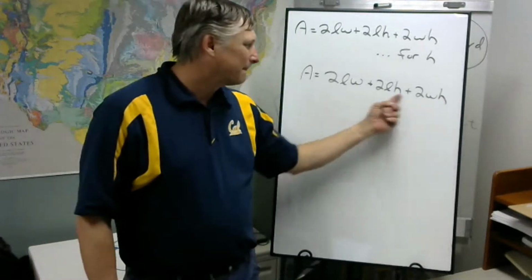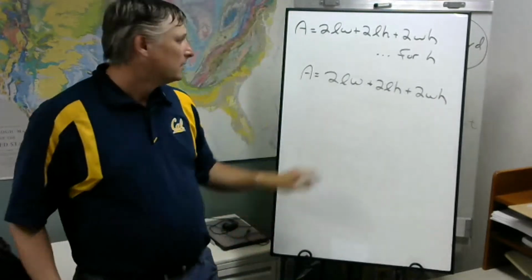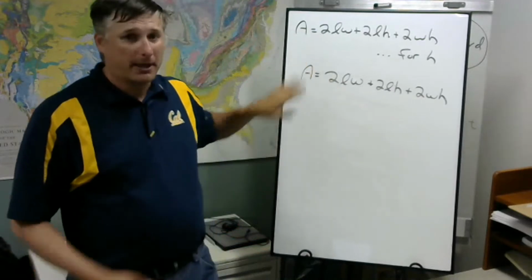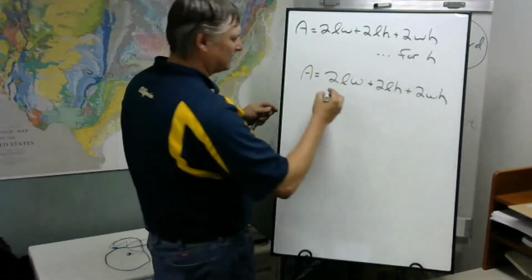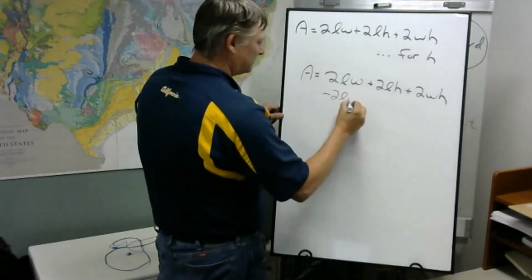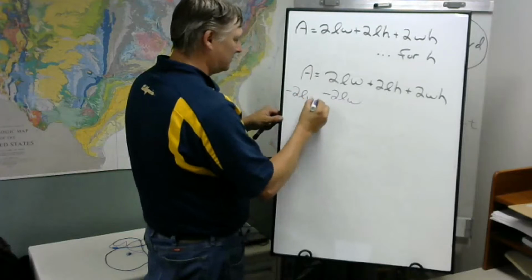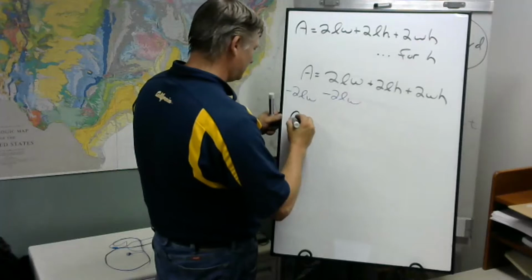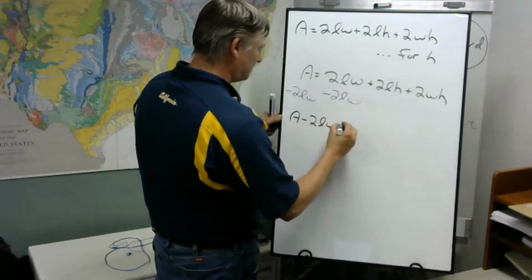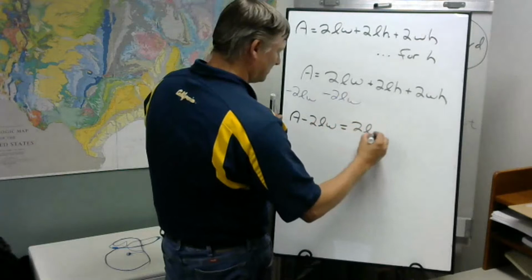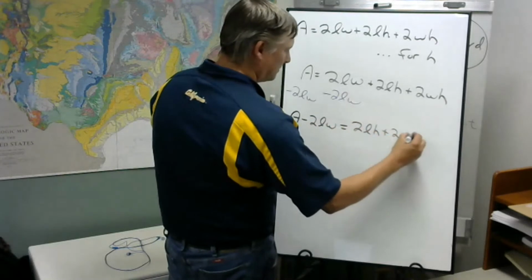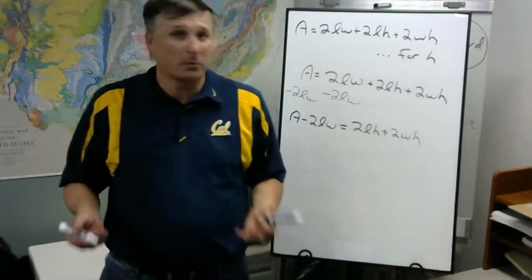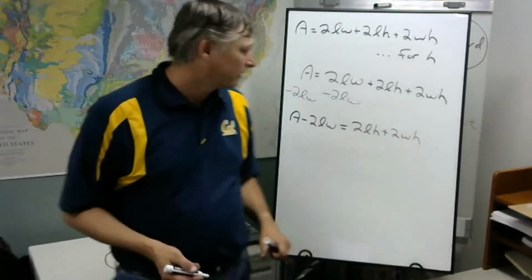There's H's here. We're going to have to work with those somehow. But this doesn't have any H's in it at all, so we can just get it out of the way. So let's subtract 2LW from both sides. All right, so there's less clutter on the side that H is on. That's what we want. We want to get H ultimately by itself.